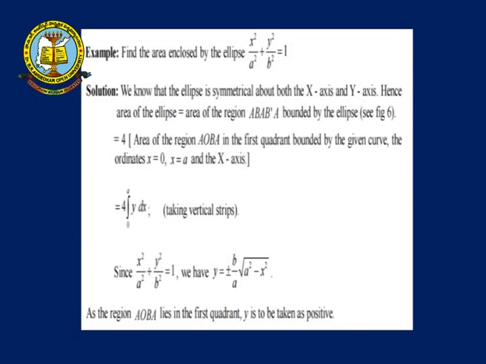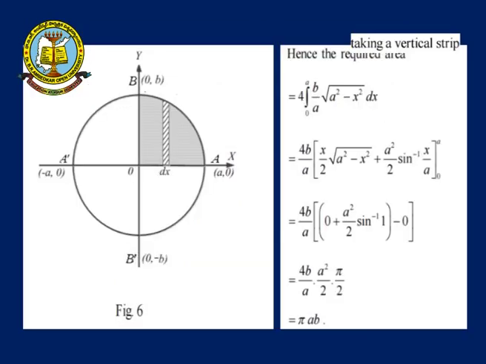Because it is the first quadrant, region AOBA lies in the first quadrant, so y is taken as positive only, not negative.